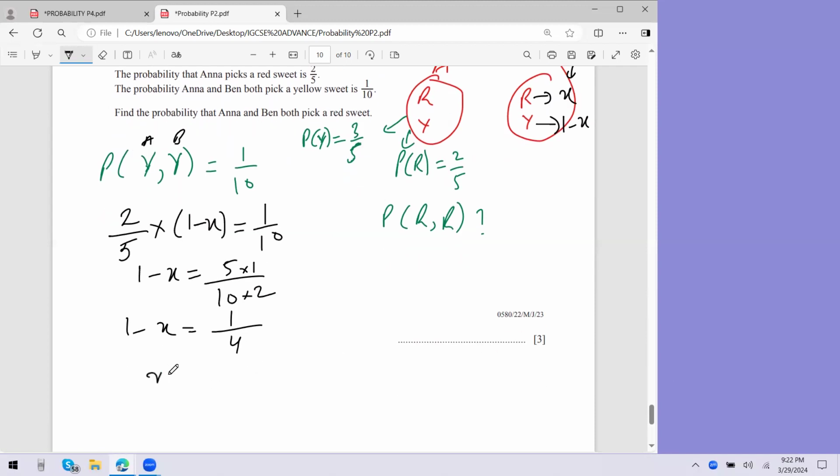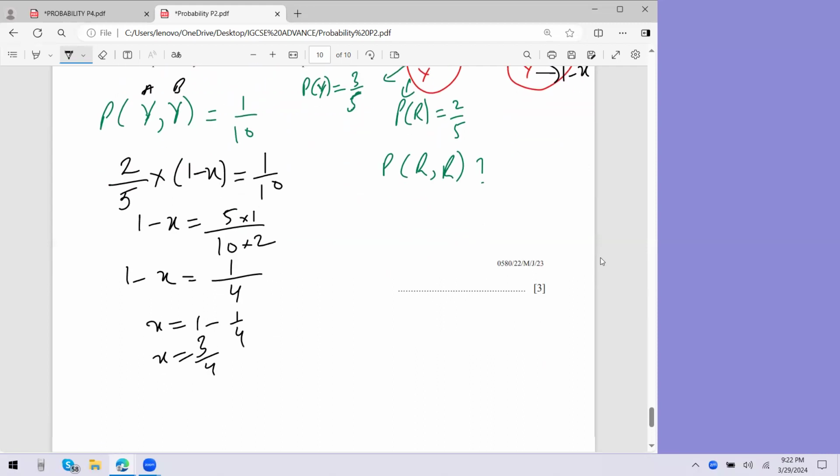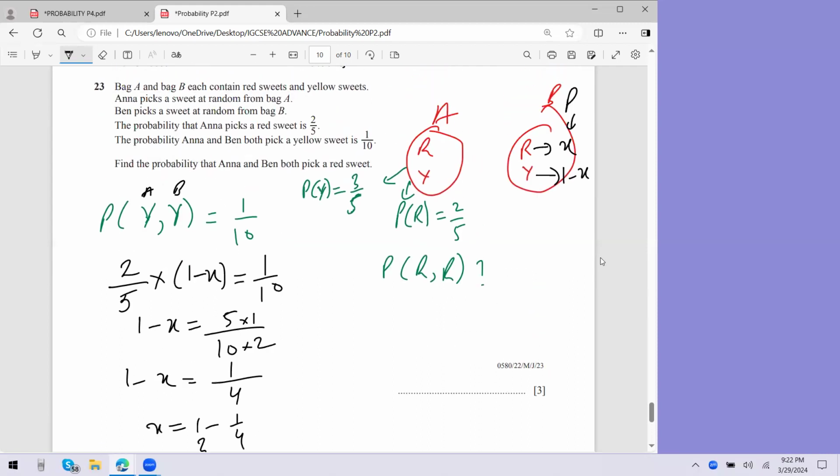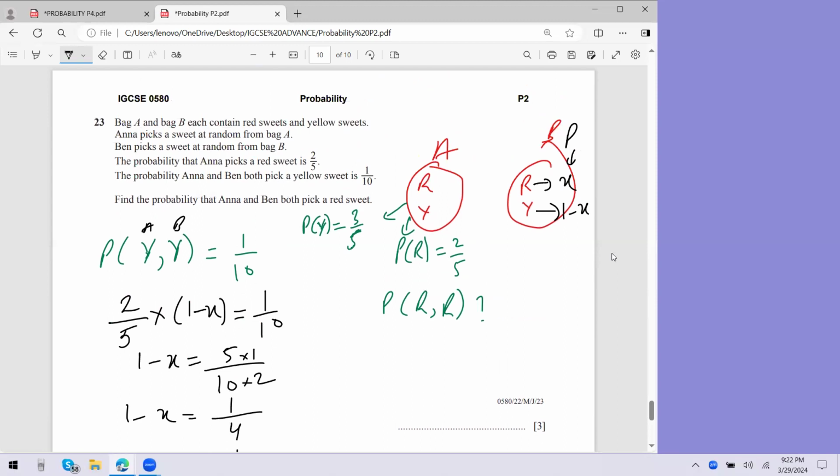So x is equal to 1 minus 1 by 4. x is equal to 3 by 4. So now we have the probabilities in bag B also. So this is 3 by 4.